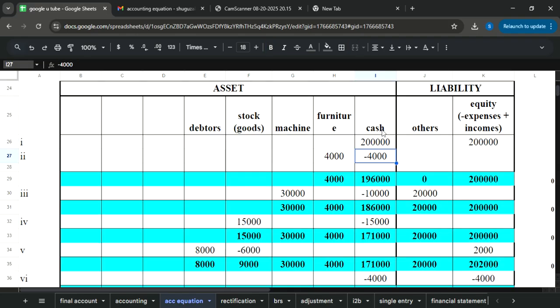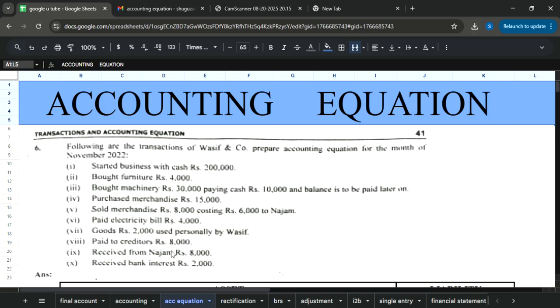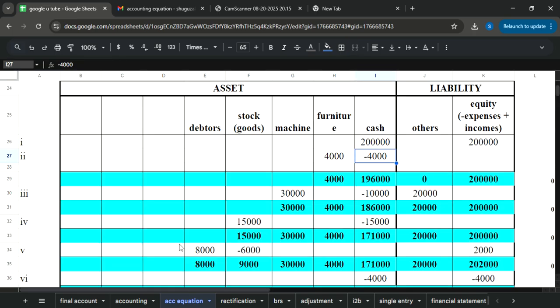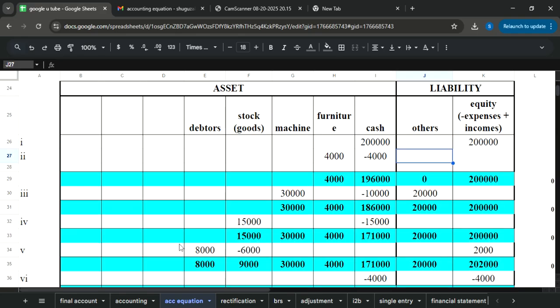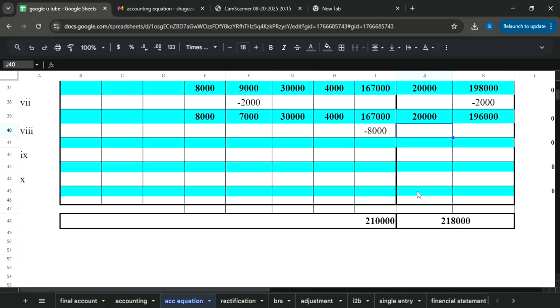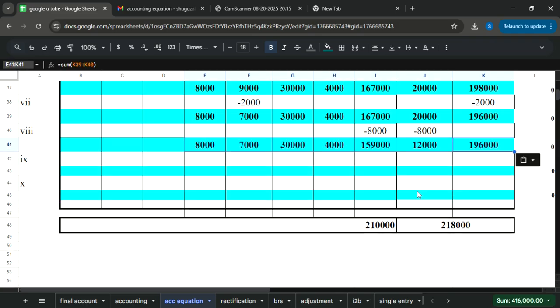How much cash is given to the creditor? That is 8,000. So put minus 8,000 since cash is going out. Secondly, creditors are paid. This 20,000 was your liability and now you have paid. It means liability has been decreased. So minus 8,000. After that, as usual, we will take the sum of both sides and it should be equal.